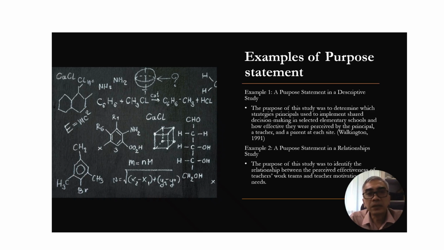Notice how the example specifies context, participant, and outcome. This level of clarity is what you should aim for. So in this slide, I provide you with some examples of purpose statement that you can refer and use as a guideline for your writing.